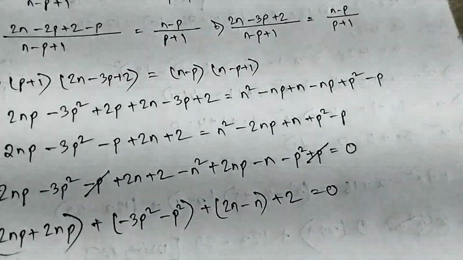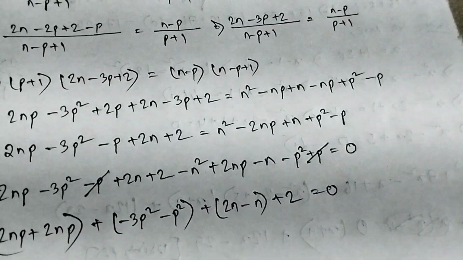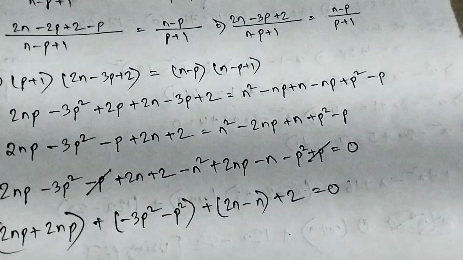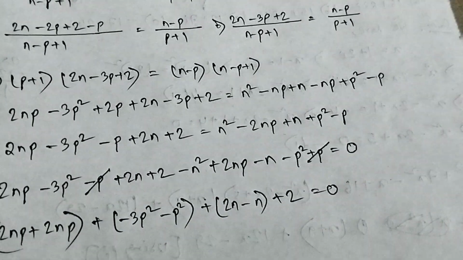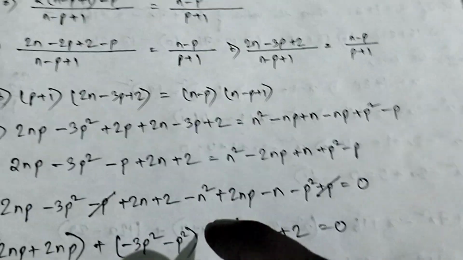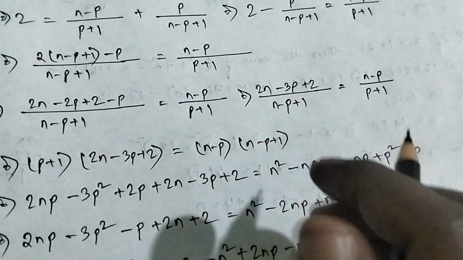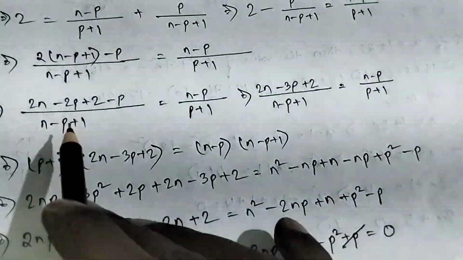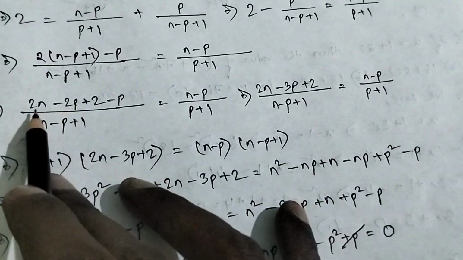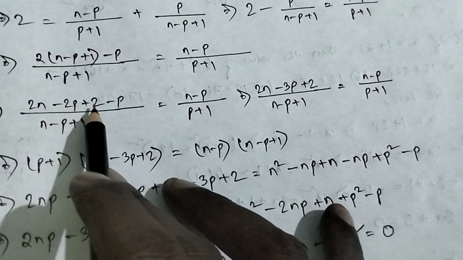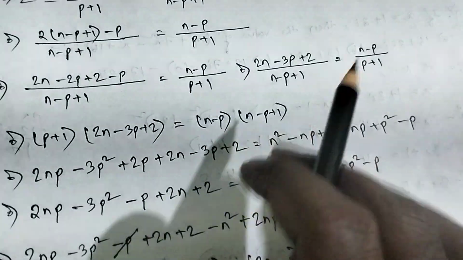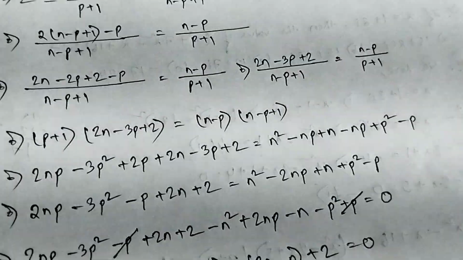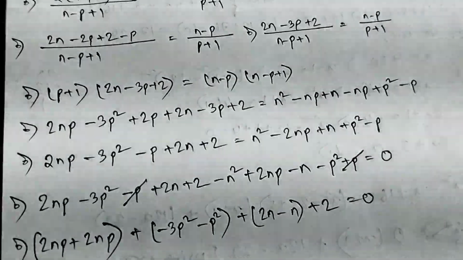Okay, is it really coming plus 2? n minus 2p plus 2 minus p, okay, plus 2 only I can see, p plus 1 plus 2, okay, let's see.